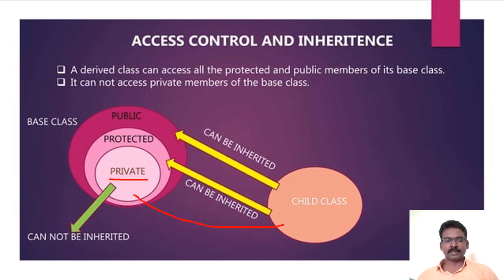This inheritance is not possible. If it is protected, only its immediate derived class can access the members of the base class. Public in the sense anyone can access these members of the base class.